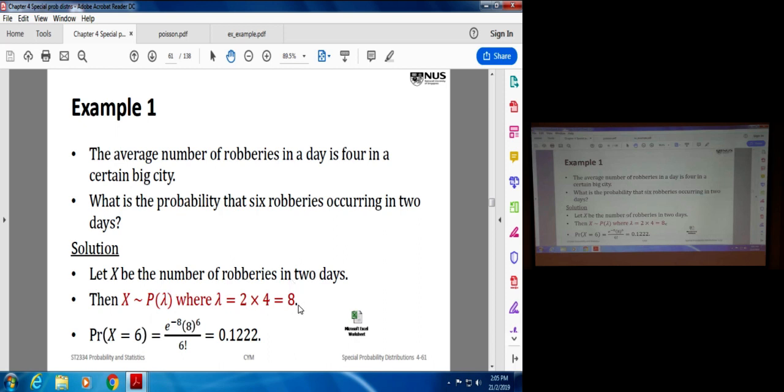So that's 4 times 2. Basically, we're making the choice to model the number of robberies over 2 days as being Poisson with parameter 8.